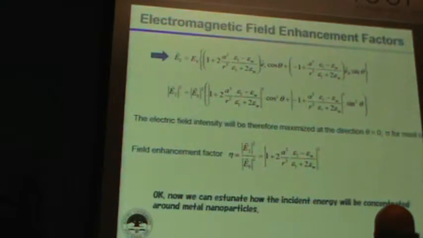I finally get this equation for calculating the field with and without such an object. Then by simply taking a ratio, we can know how much energy or optical field is enhanced by the existence of the nanoparticle.